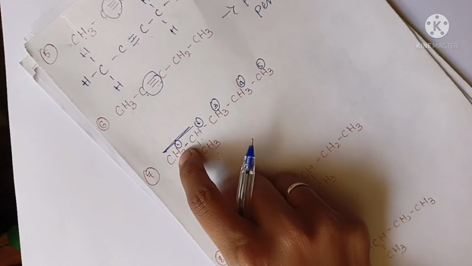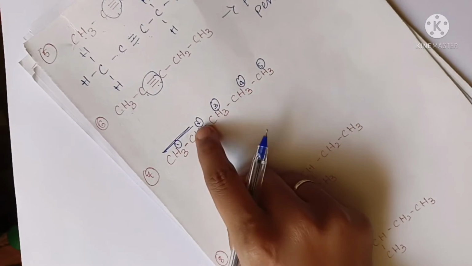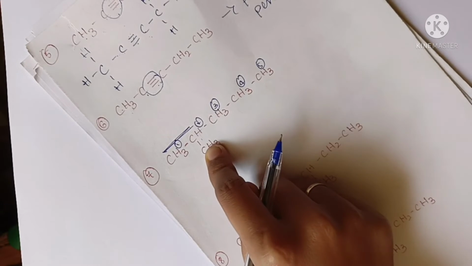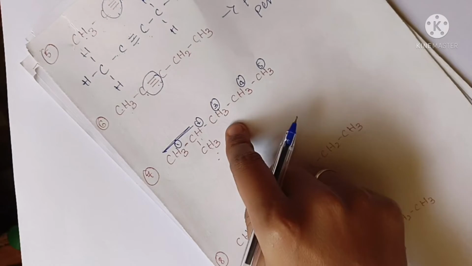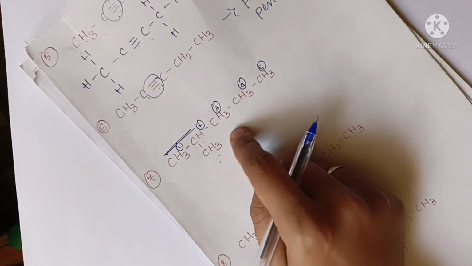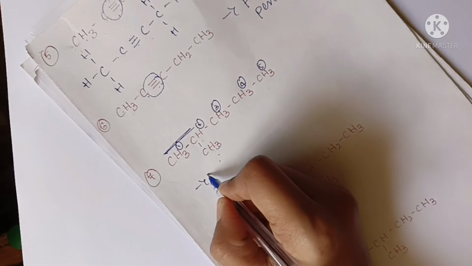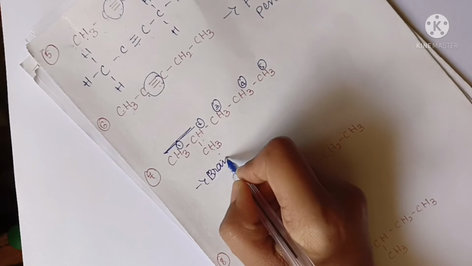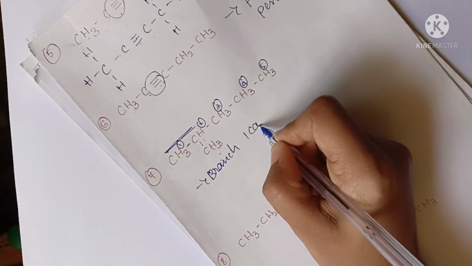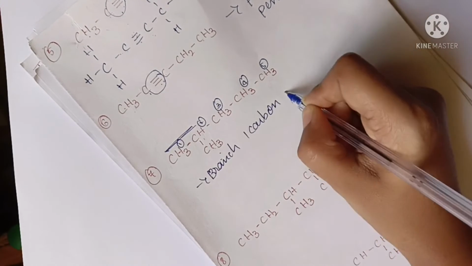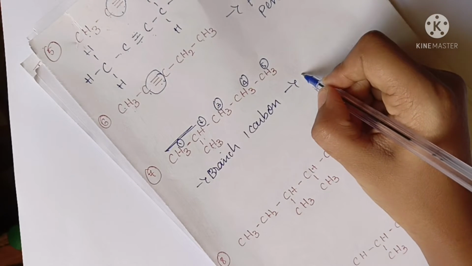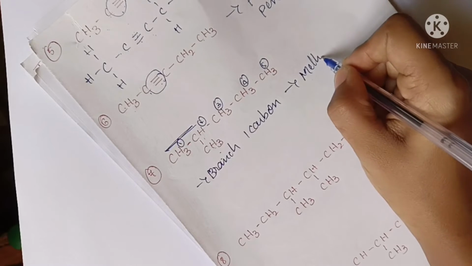So this is the first, and this is the second. The branch is on the second carbon from the right. In the branch, how many carbons are there? Only one carbon, so it shows methyl.